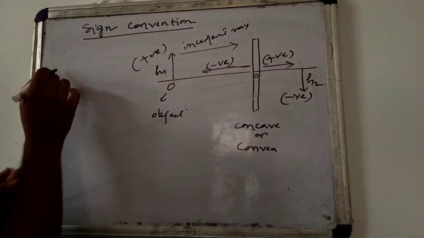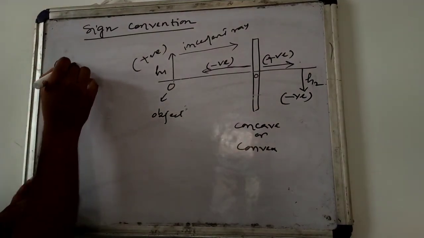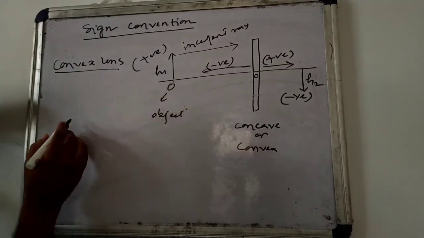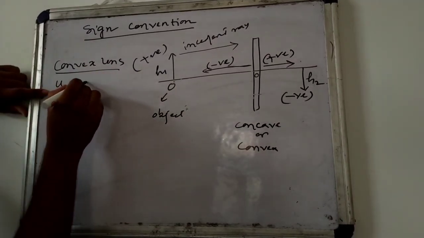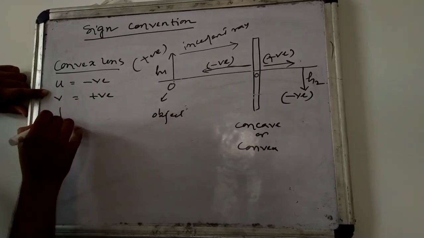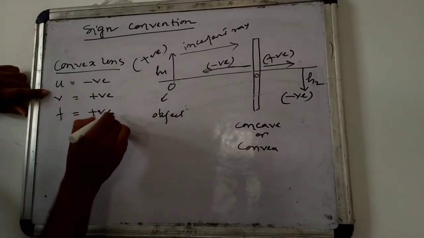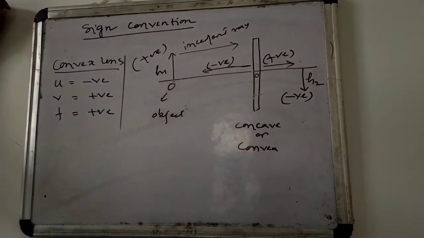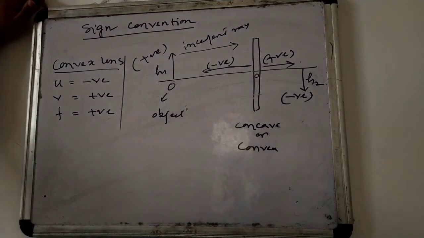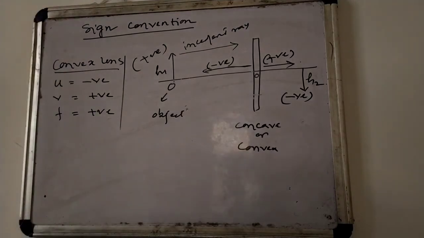Now considering this, if we consider a convex lens, in a convex lens object distance will always be negative, image distance will be positive, and focal length will also be positive. Okay, but in convex lens there is another exception.